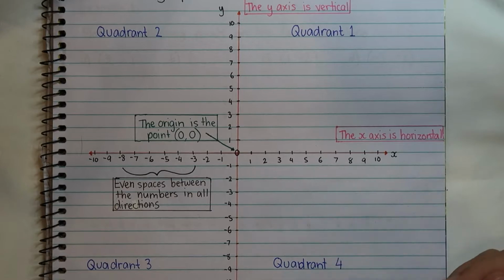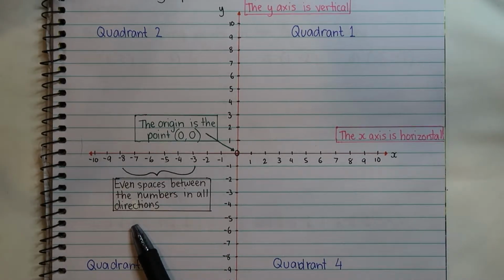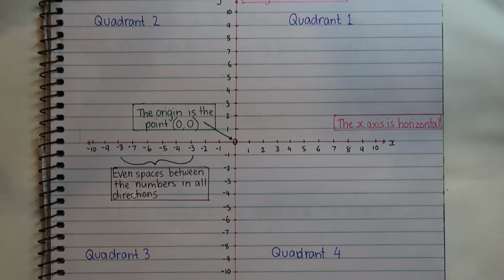And when drawing up your Cartesian plane, you need to make sure there are even spaces between the numbers in all directions. When you plot points on a Cartesian plane, the horizontal direction is always listed first.